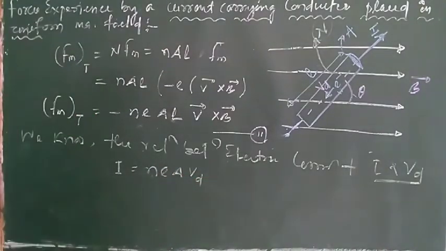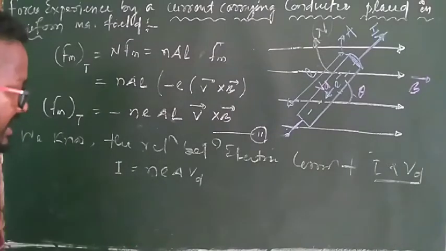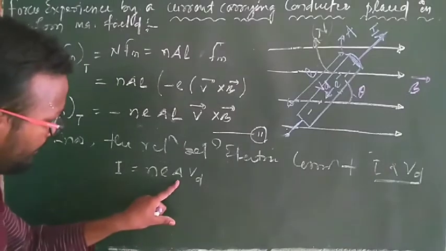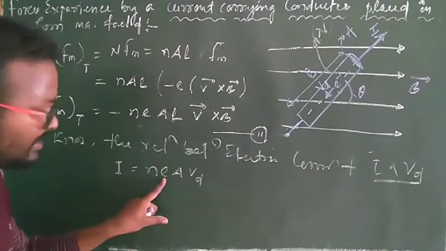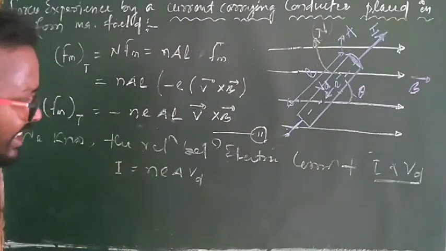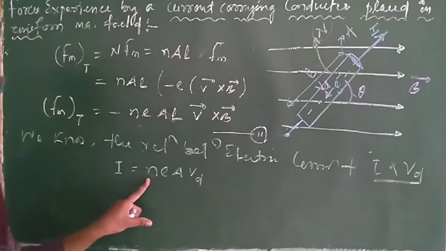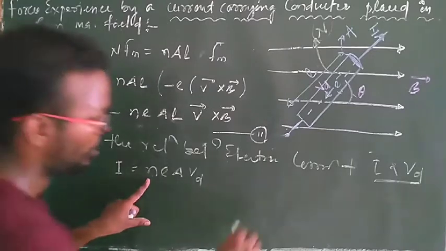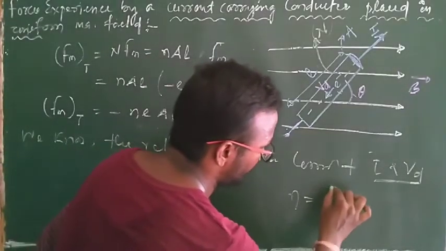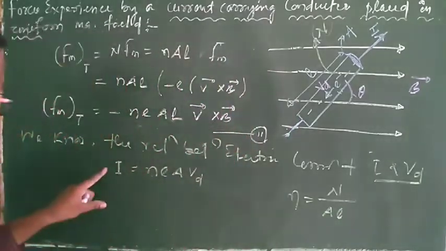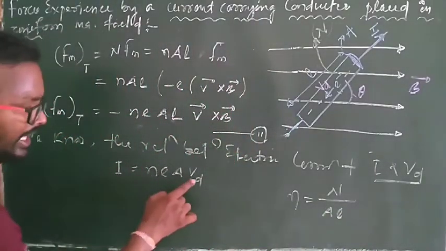This is the relation between electric current and drift velocity. What is Vd? Vd means drift velocity of electron. A is the area of the conductor. What is e? e means magnitude of electron charge, and n means electron density, where n can be written as total number of electrons per unit volume AL. Clear?